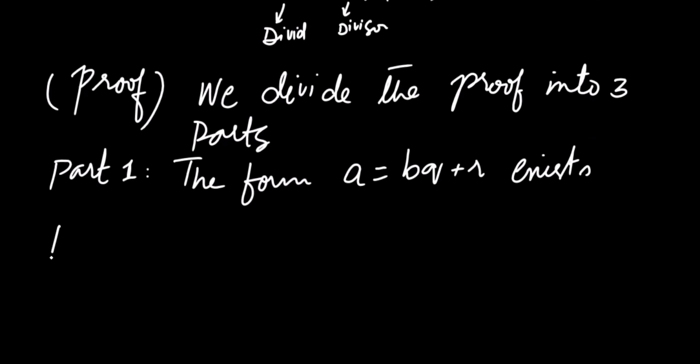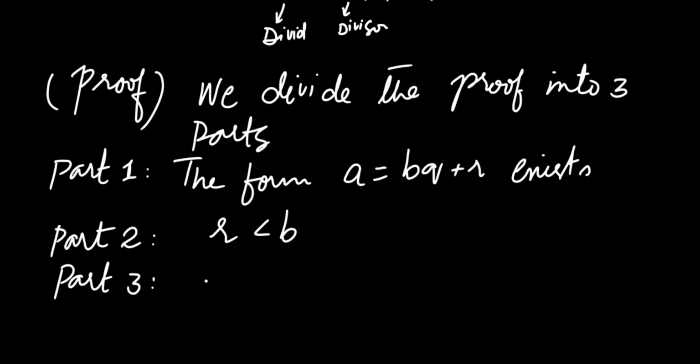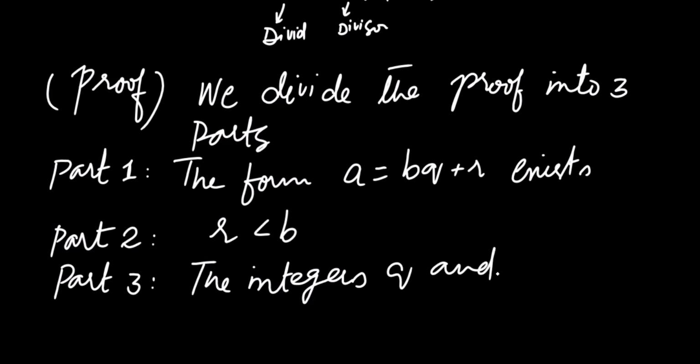In the second part, we will show that this remainder r is always less than the divisor b. In part 3, I will show the integers q and r are unique. So the last part is about the uniqueness of q and r.